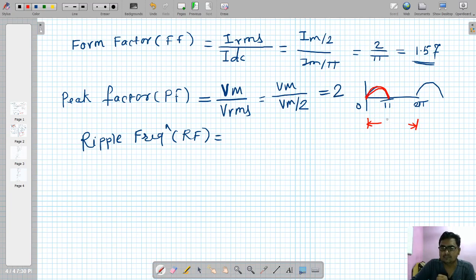If I consider this one cycle, it will repeat only once, and after 2 pi again it will repeat itself once.